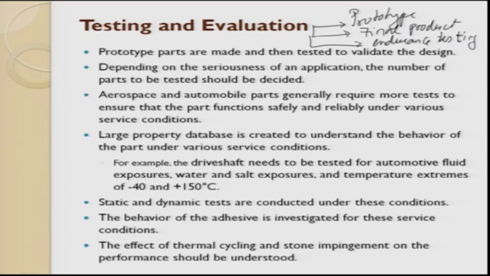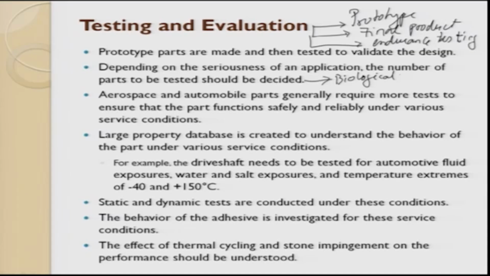Prototype parts are made and they are tested to validate the design, shown to the customers, and some scale down testing of the product is done to see its performance. Depending upon the seriousness of the application, the number of parts to be tested is decided. For example, if it is a biological part, where in biology these composites are used.